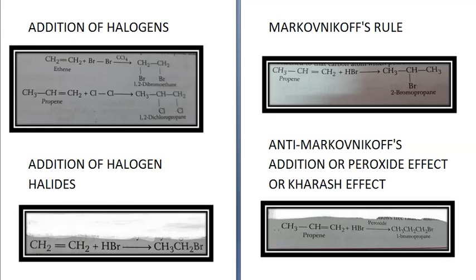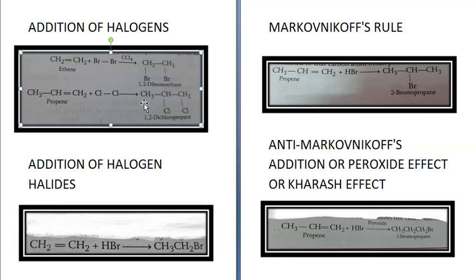See, CH2=CH2, when bromine is added to it in the presence of carbon tetrachloride, gives you CH2BrCH2Br, 1,2-dibromoethane. Propene, CH3CH=CH2, plus Cl2 will give you CH3CHClCH2Cl, 1,2-dichloropropane.